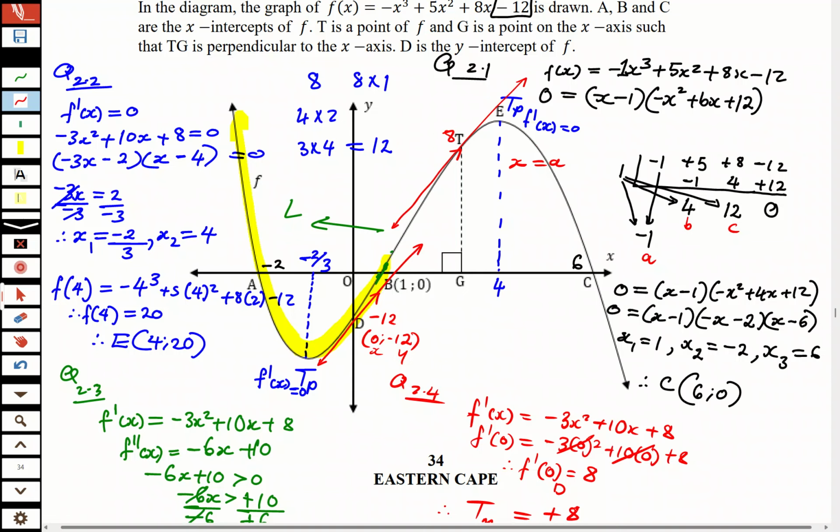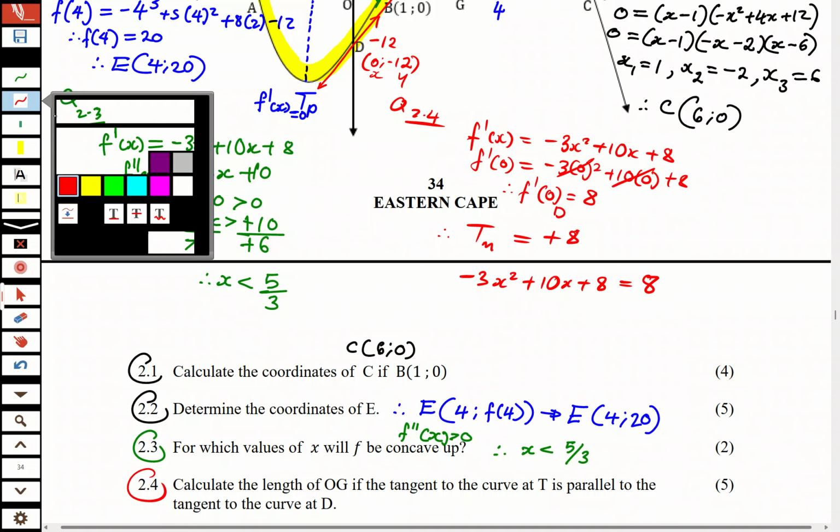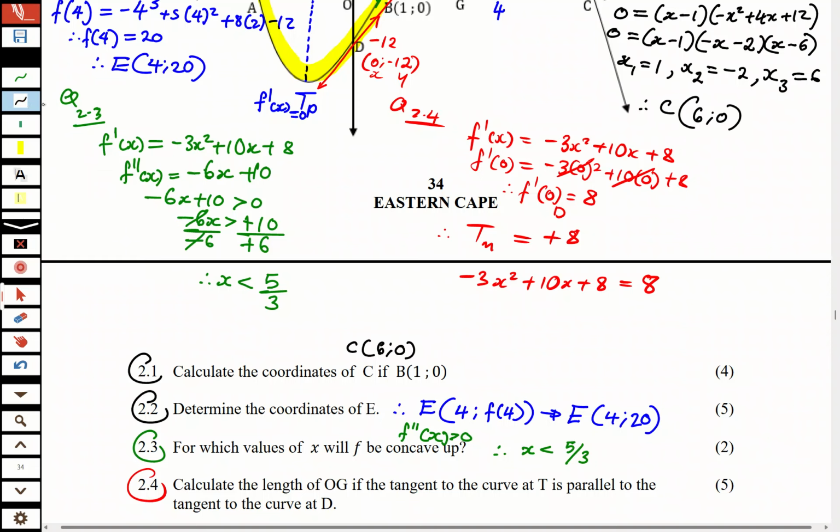So you just have to know that the gradient. Why am I saying this? Okay, let me emphasize here. Why am I saying this? I'm just going to say now the gradient of a curve is the same as the gradient of the tangent only at that point, guys.